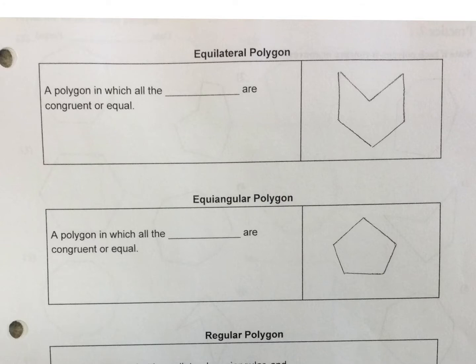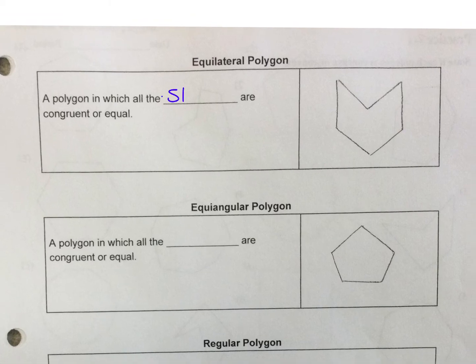We need to learn a few more terms about polygons. We have equilateral polygons. It means that all of the sides are equal. And to show that in that picture, I put these hash marks. And when I see that, with it marked like that, it tells me that all those sides are equal.